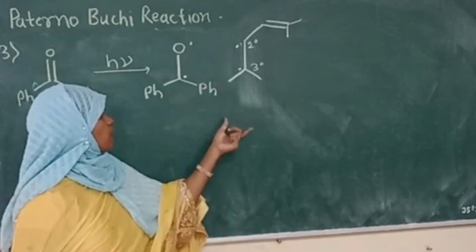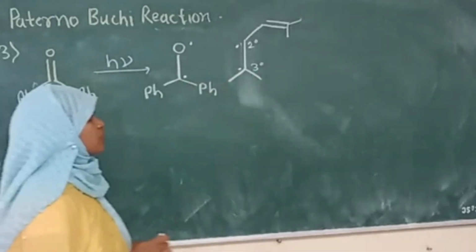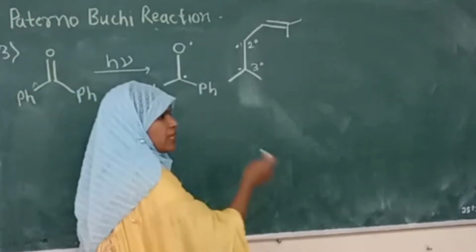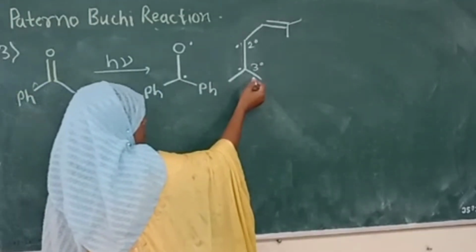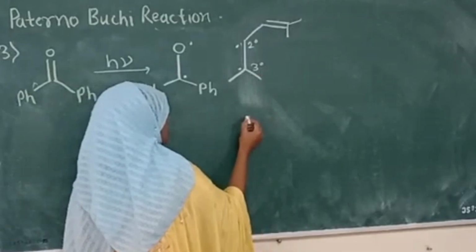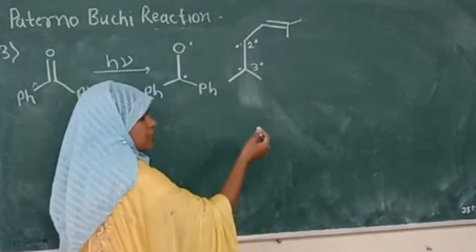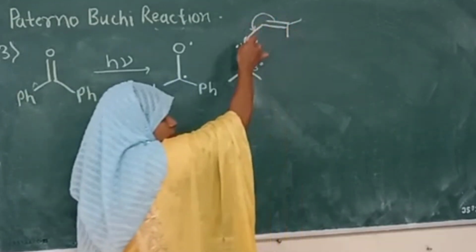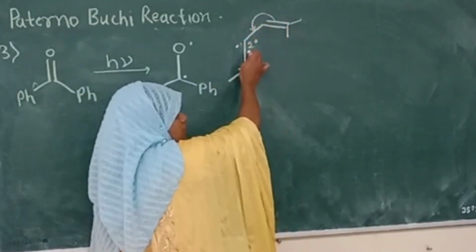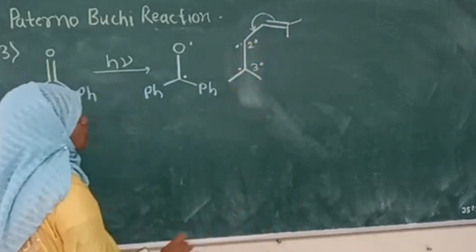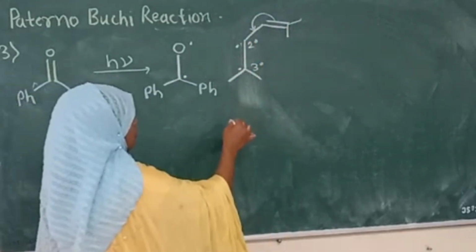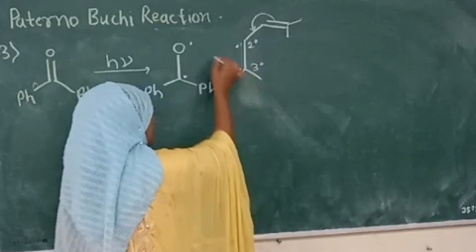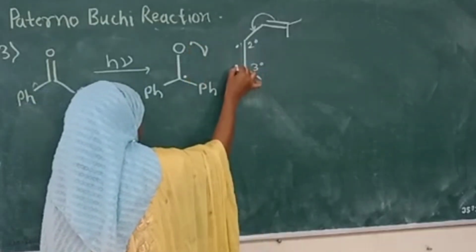That is important in this example, because it decides which product will be major and which will be minor. In this reaction, the tertiary radical is more stable: tertiary, secondary, primary, and methyl radical. But this secondary radical undergoes conjugation. This double bond stabilizes the secondary radical, so it reacts after the tertiary radical. First the tertiary radical reacts with this oxygen radical, then the product forms.